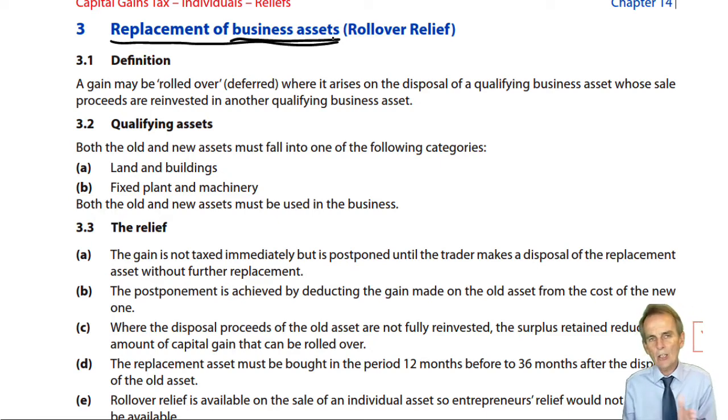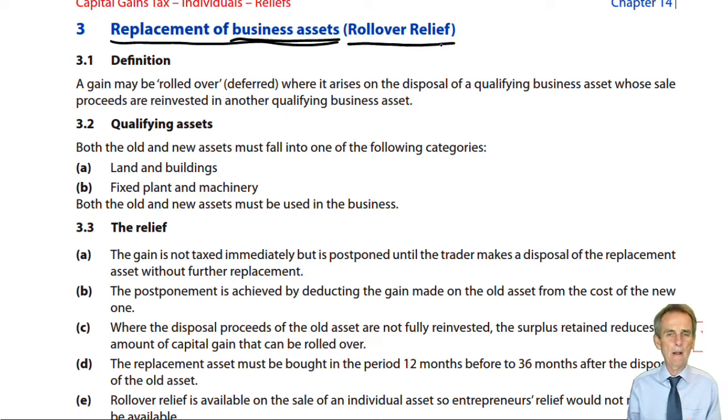But what are we then going to do with those sale proceeds? The concept behind this relief, known as rollover relief, is that we're going to reinvest those proceeds in that bigger and better qualifying business asset, i.e. basically a business property.